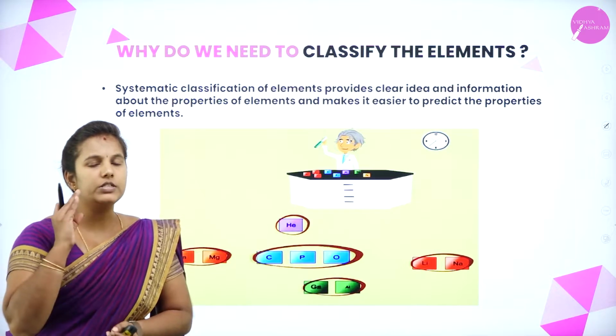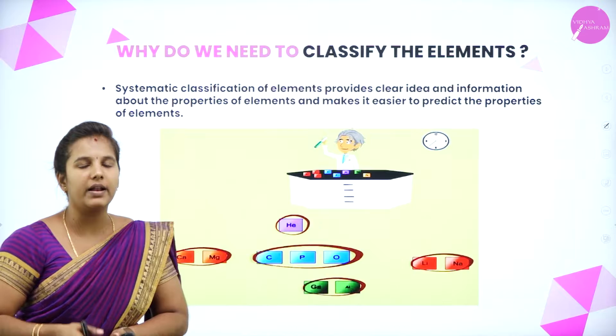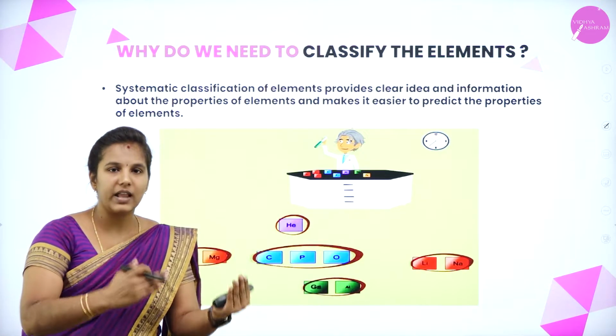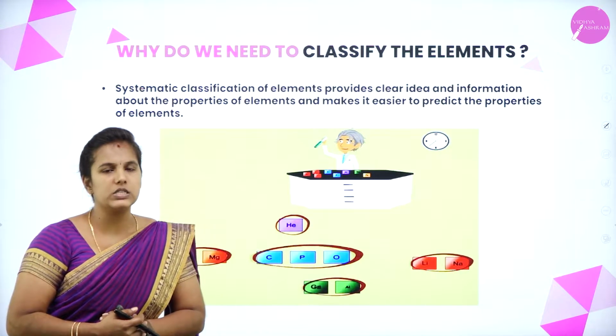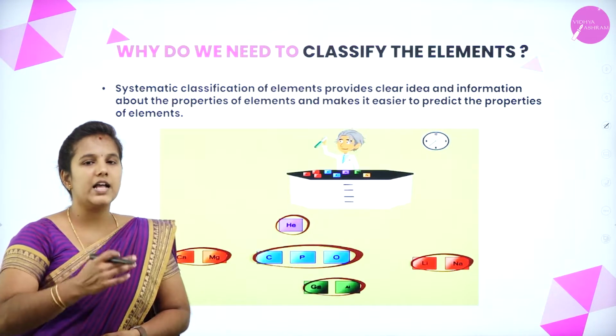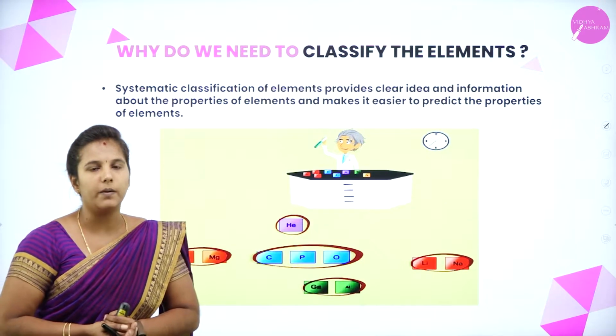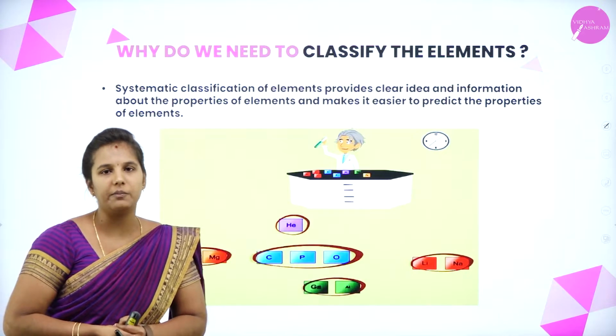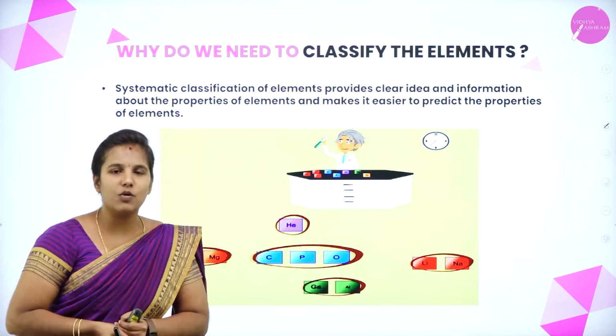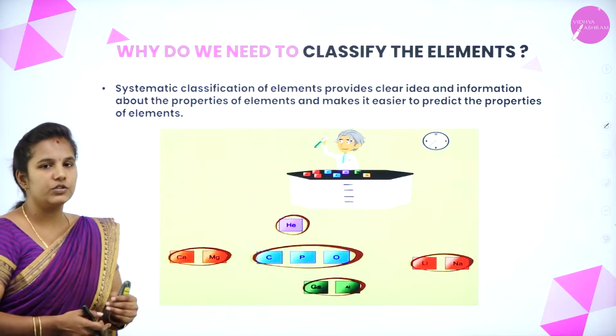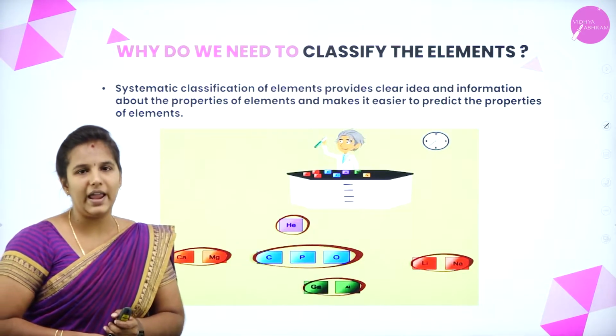And also, once you classify the elements systematically, we can predict the neighboring elements, because almost all these elements have been placed with their similar physical and chemical properties in the periodic table. So, this is a small introduction to the classification of the elements.